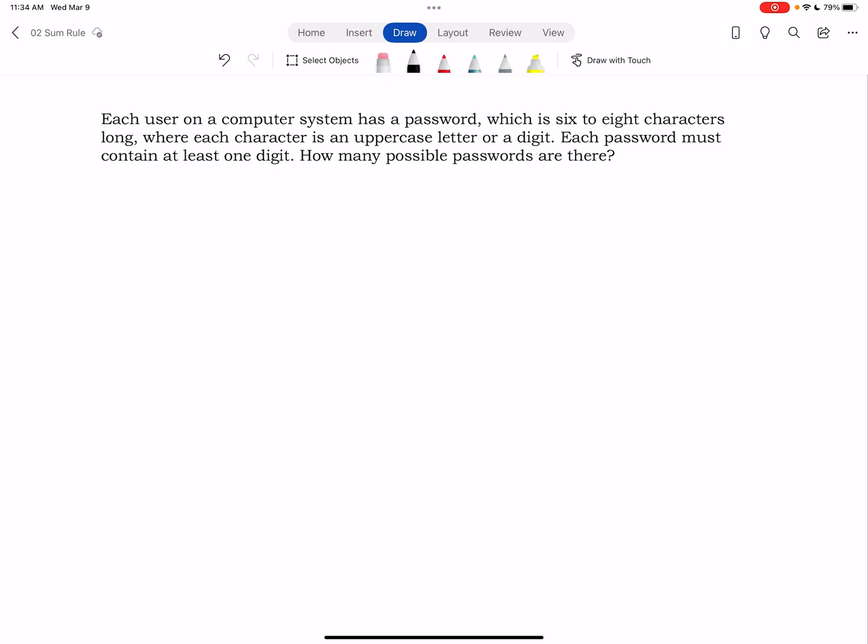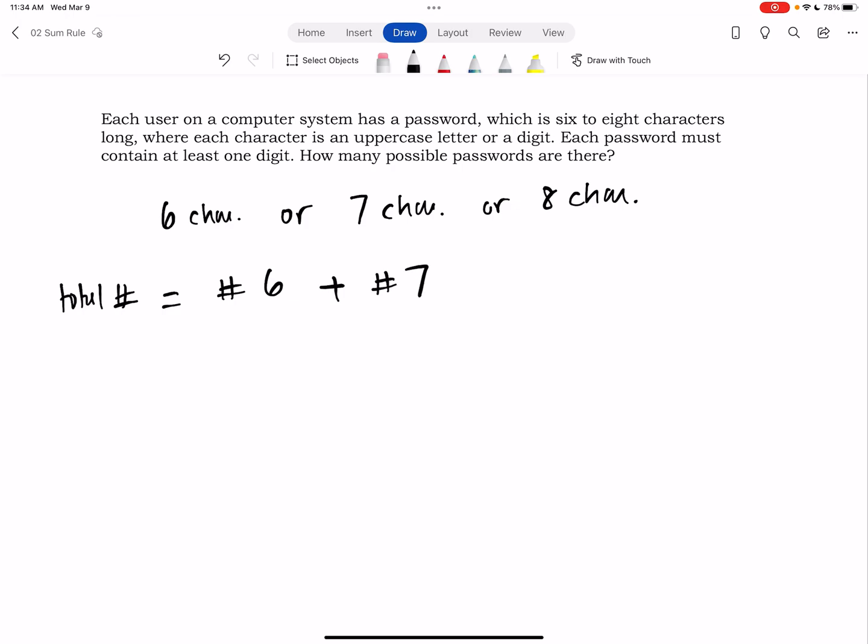We're saying the password can have 6 characters or 7 characters or 8 characters. So what we're going to do to find the total number of passwords is we're going to do the number of 6 character passwords plus the number of 7 character passwords plus the number of 8 character passwords.